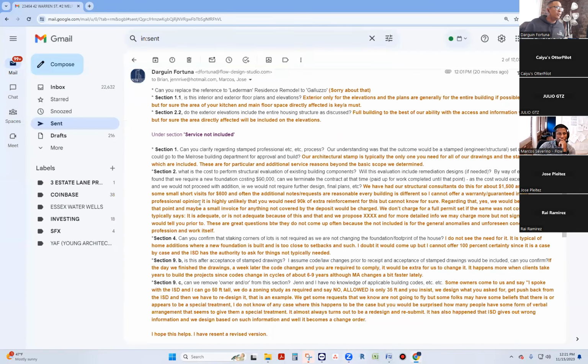They said that because I put in that clause, section 2. So it's like, what's the cost to perform the structural evaluation of existing building components? Will this evaluation include remediation designs? They're asking all this, and even the way I'm answering is, we have had our structural consultants do this for a ranch, depending on the project.